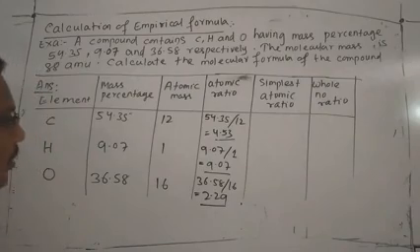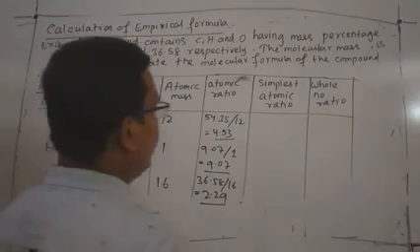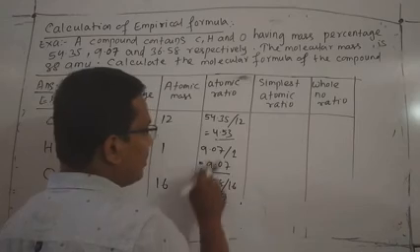Now, for the simplest atomic ratio, the smallest value is divided into all.